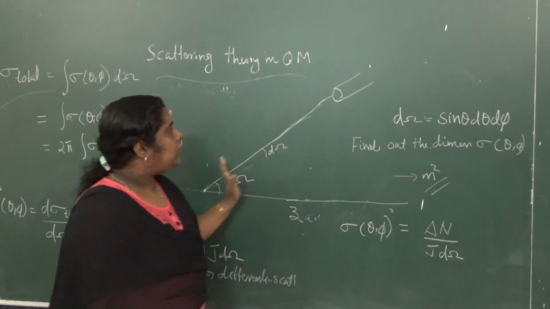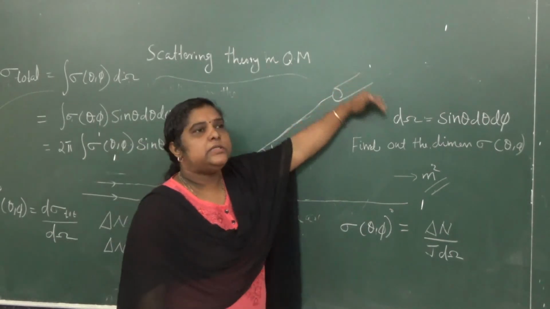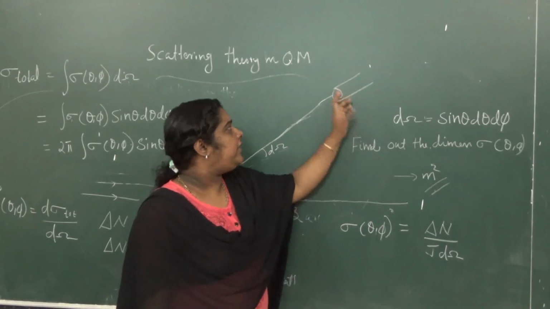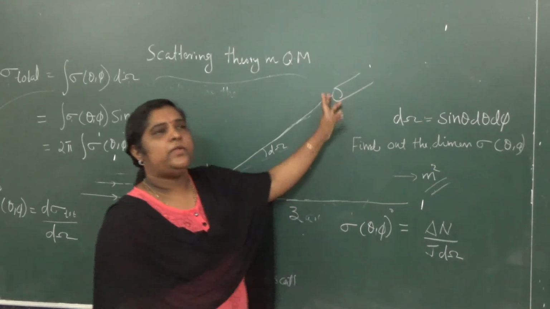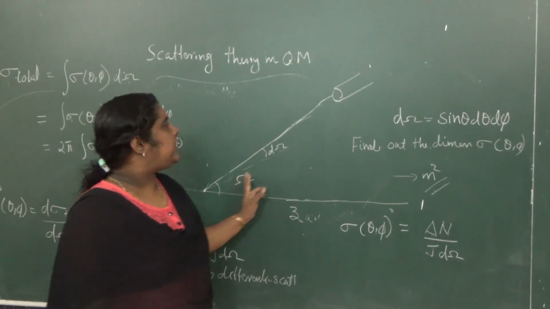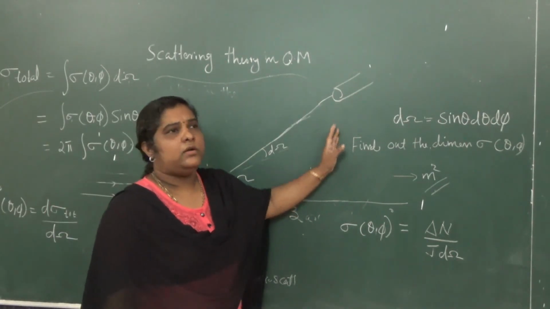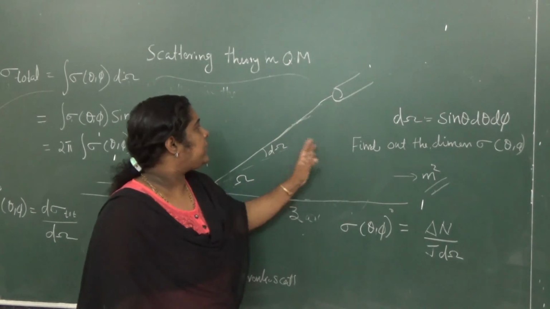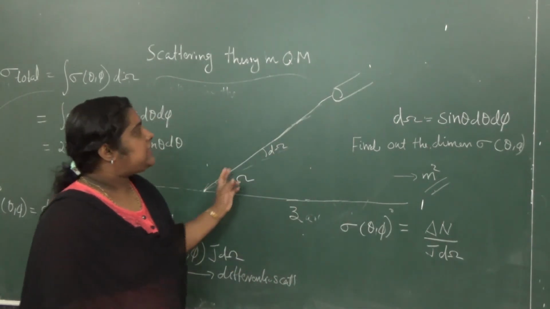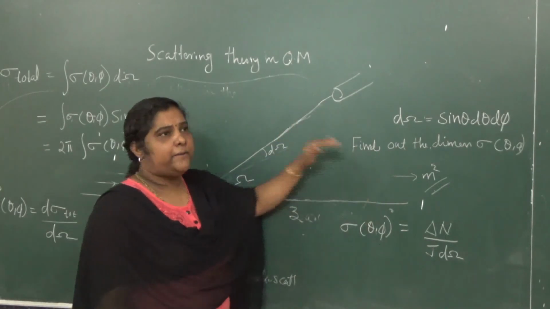The probability of finding the particle in a small area will be small. So spherical waves are the suitable wave function for representing this scattered wave.